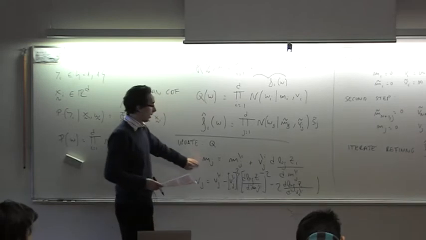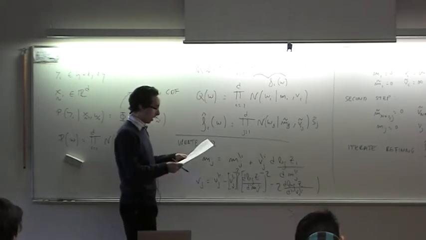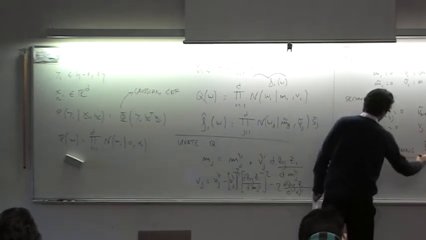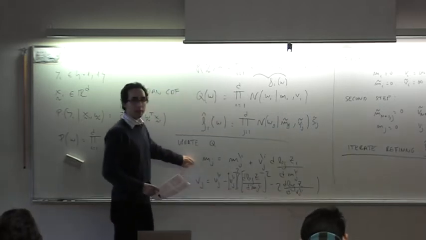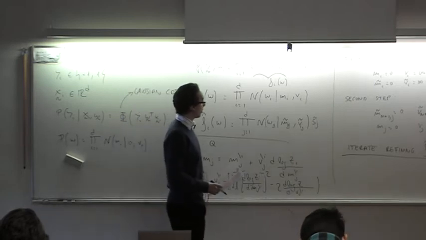This is the update for the mean and the variance of the posterior distribution. And once I have these updates for the mean and the variance of the posterior, I have to refine the approximate factor.